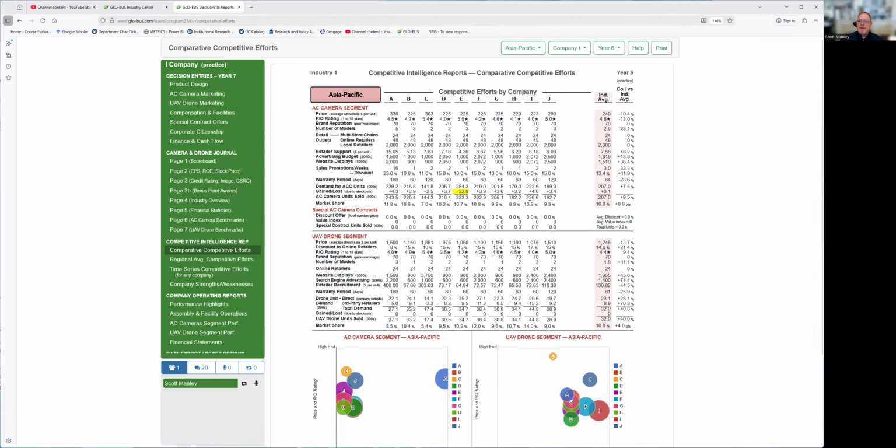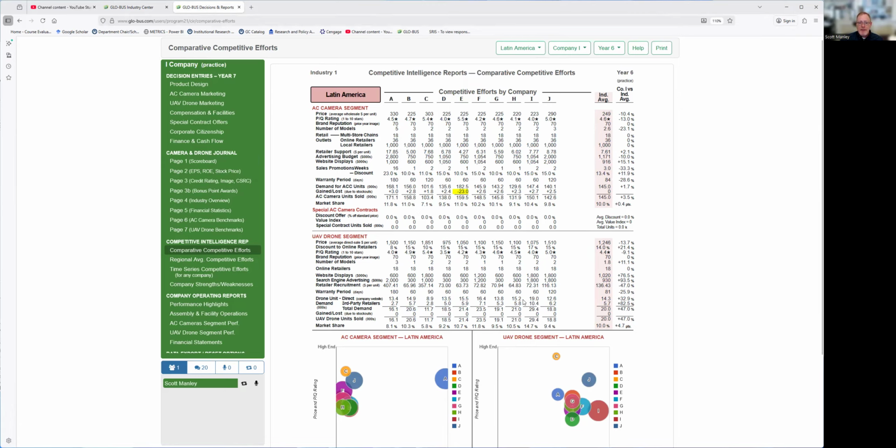For Asia Pacific, I had above average market share at 10.9%, and in Latin America, above average market share at 10.4%. So I had two markets with above average market share, but two markets with below average market share. And so I didn't achieve my desired goal of being the market leader.